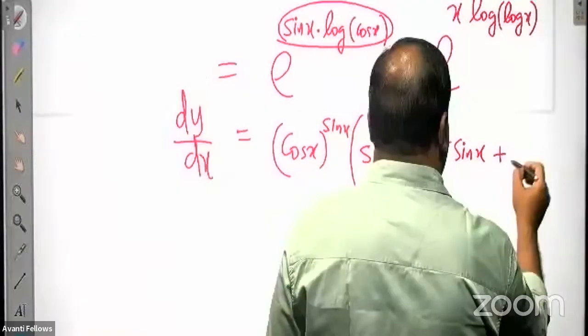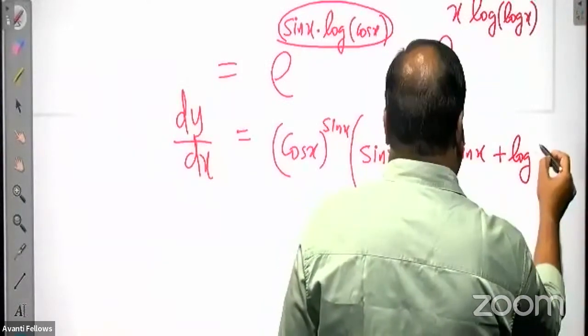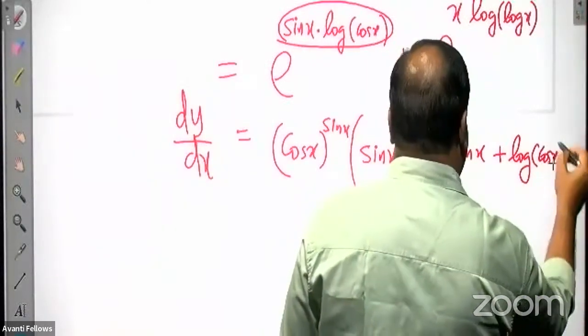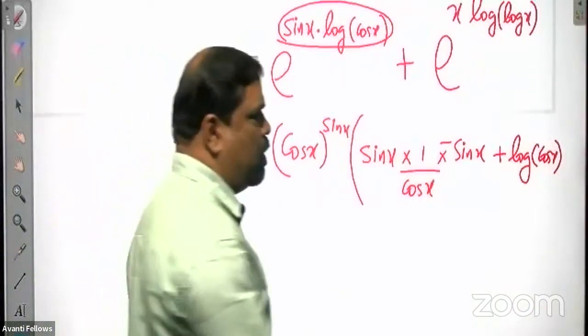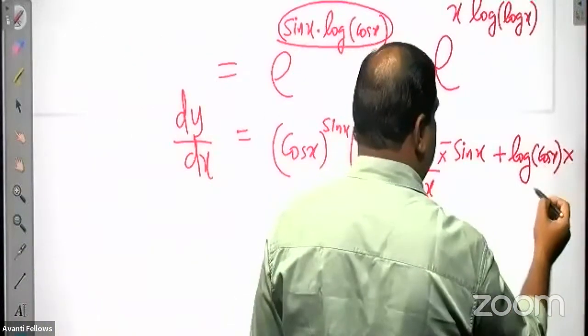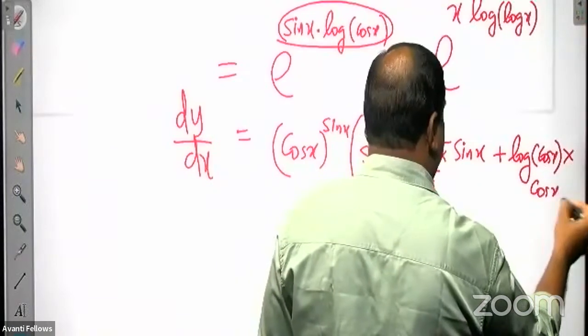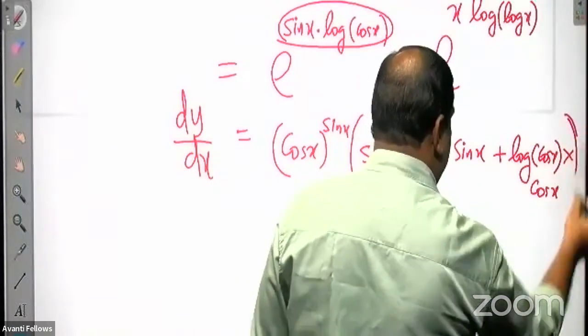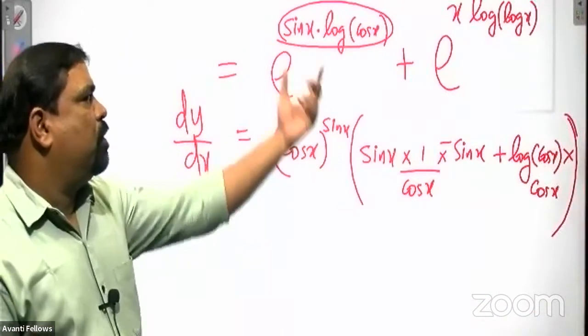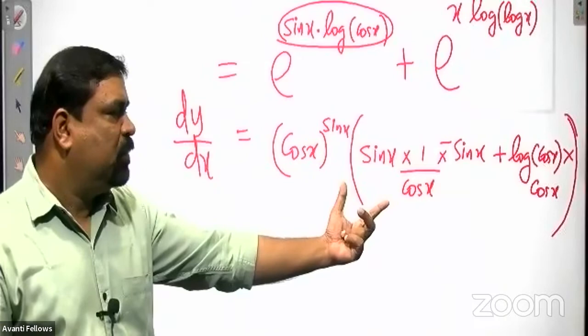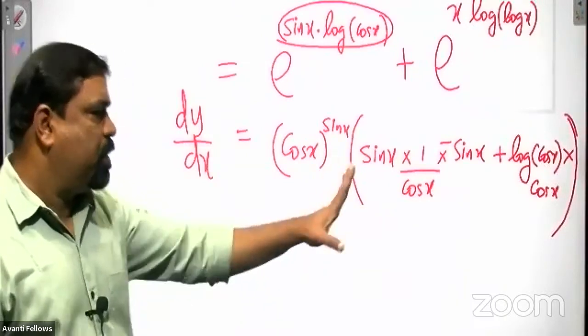Plus the second function log cos x into the derivative of sin x. The derivative of sin x means cos x. Okay. So this is the derivative of the first part. That is over.